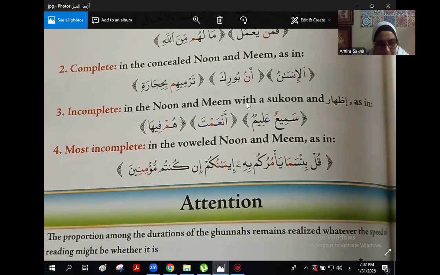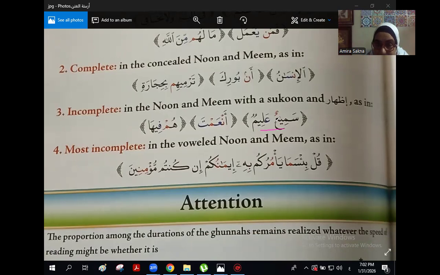If the noon or meme has sukun, it means we are going to apply izhar: clear noon and clear meme, like "sami'un alim". Here I'm pronouncing tanween, the noon sakina, which is pronounced but not written. "Sami'". Just the time of an in-between letter.